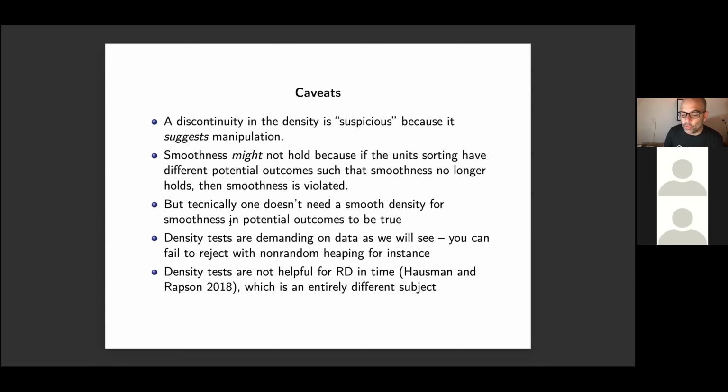Density tests are not helpful for RD in time, according to Hausman and Rapson, which is an entirely different subject that Angela asked about, and I need to update these slides. I haven't taught RD in time before, but I need to, because it comes up a lot with seminar participants.